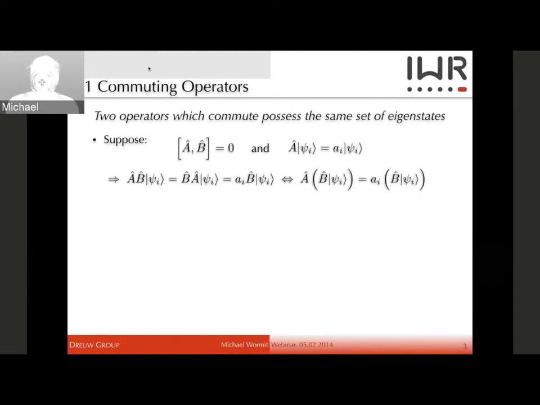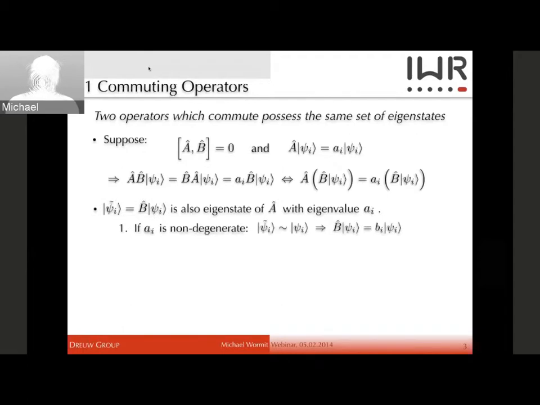That's the first identity. Then we directly see that applying A onto psi I, we get the eigenvalue and the eigenvector. Just putting a few brackets on the left-hand side and the right-hand side of the equation, we see that B psi I is also an eigenstate of A. So this psi I tilde, as I call it here, is an eigenstate of A as well.